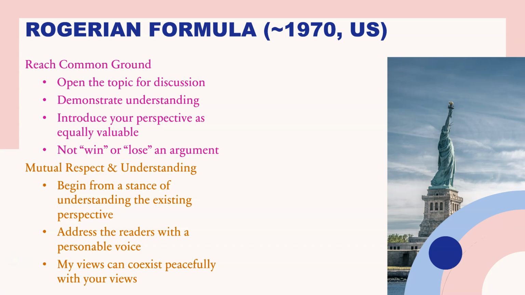So you want to begin from a stance of showing that you understand existing perspectives and you understand the context before you share your own view. You want to address the reader with a comfortable, personable, friendly type of voice. And you want to show that my views can coexist peacefully with your views. So it's a mutual respect and a mutual understanding.